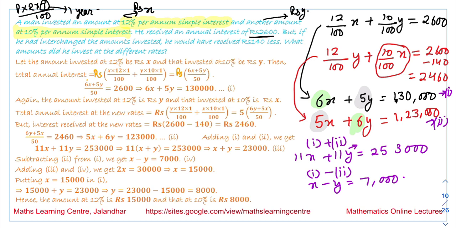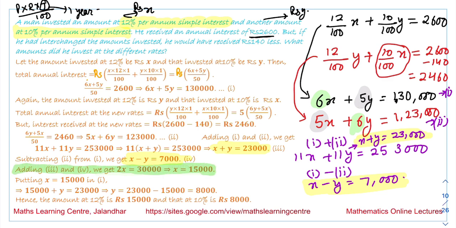Further, this equation can be simplified as x plus y is equal to 23,000. So we have two equations: x plus y is 23,000, x minus y is 7,000. Now if we add these two equations we get 2x is equal to 30,000.